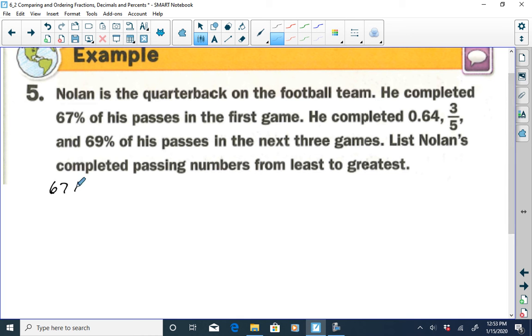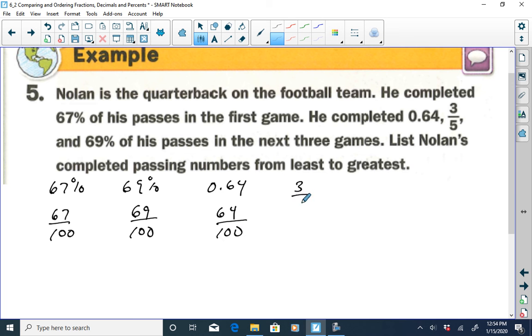So we know 67% is going to be 67 out of 100. We know that 69% is going to be 69 out of 100. We know that 64 hundredths is going to be 64 out of 100. And we know that 3/5, if we make an equal fraction with a denominator of 100, that's times 20, so that's going to be 60 out of 100.